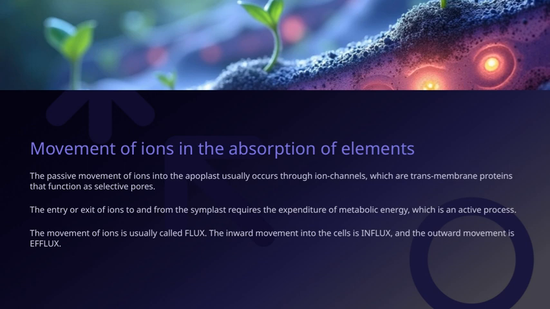On the other hand, ions can also move passively, especially into the apoplast, which is the space outside the cell membranes. This passive movement often occurs through specialized structures called ion channels. These channels are transmembrane proteins that act like selective pores, allowing certain ions to pass through while blocking others.